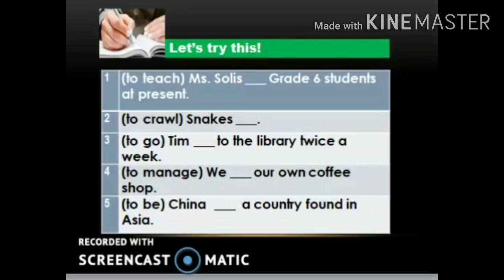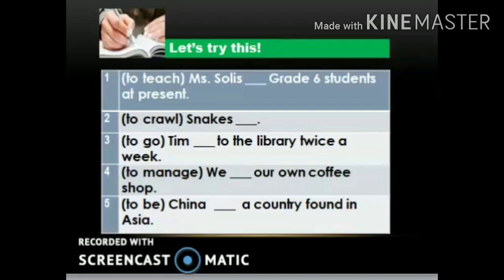The answer is teaches. The correct sentence is Miss Solis teaches grade 6 students at present. Number 2. Snakes blank. The answer is crawl.